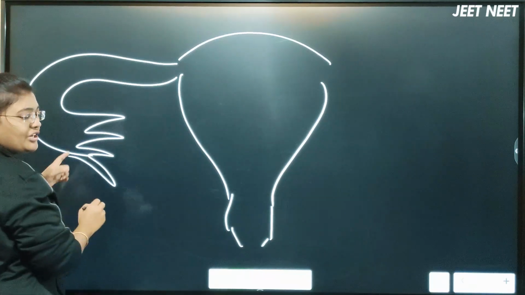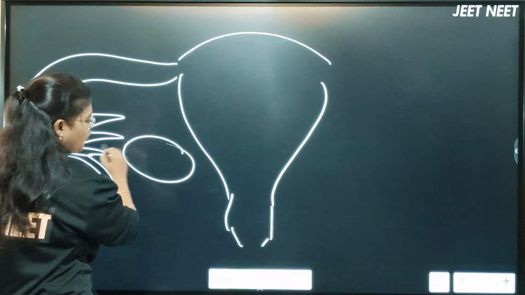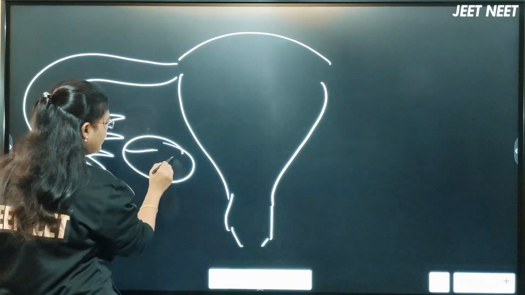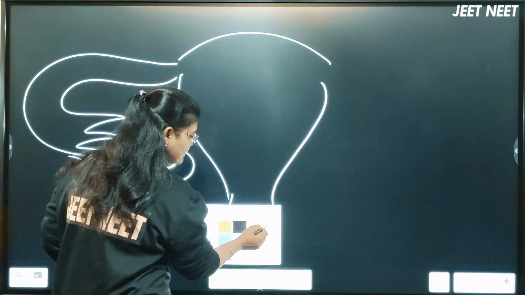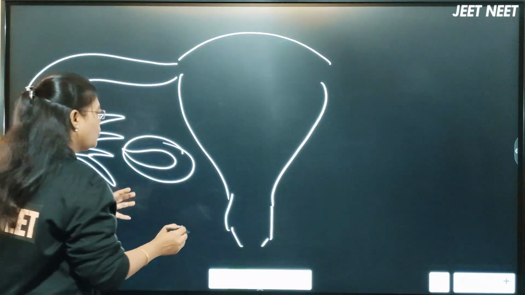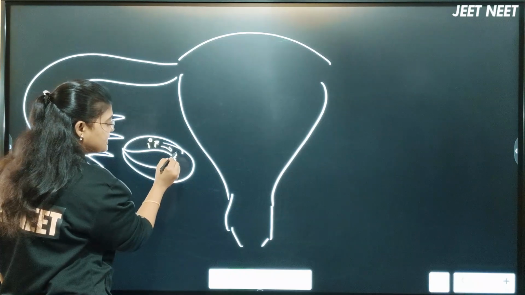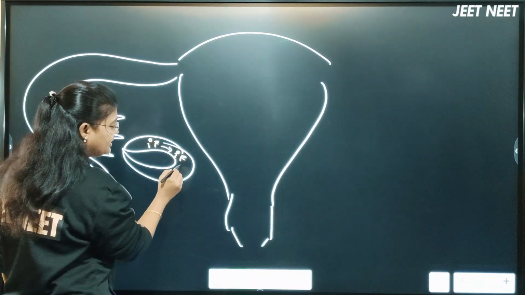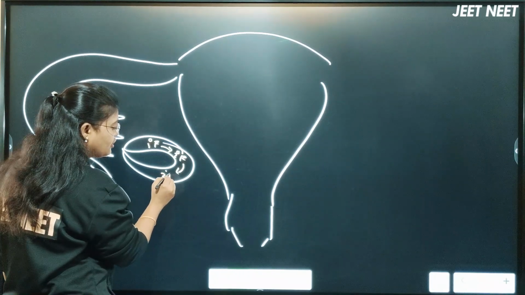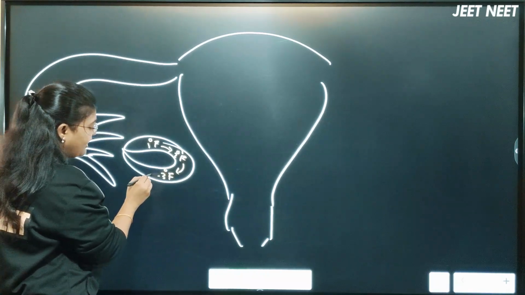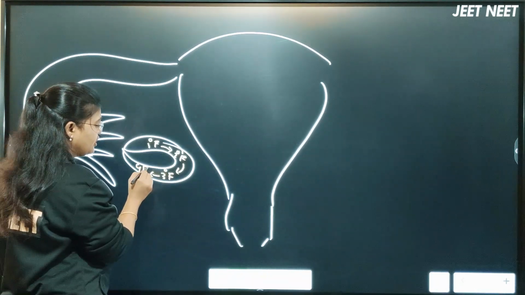We know that these are the infundibulum. Here the ovary is there. In this ovary only, in the oogenesis process we have discussed, the primary follicle formed, the secondary follicle, right? Tertiary follicle structures formed, then finally it converted into which follicle?